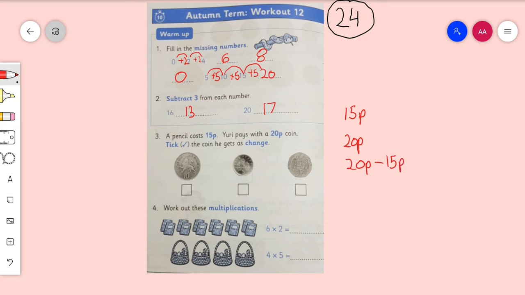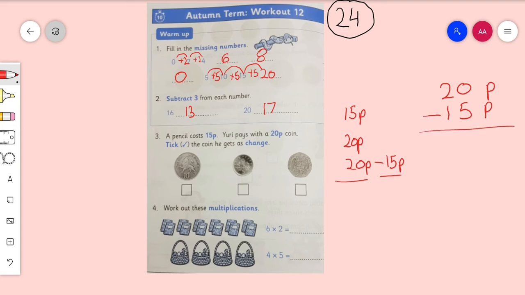We can do column subtraction. The first number goes first, 20p, and the other number is 15. We write 15p, and we write a takeaway sign here because we're taking away.